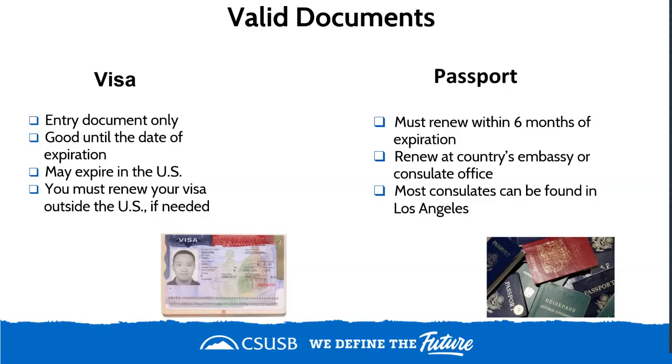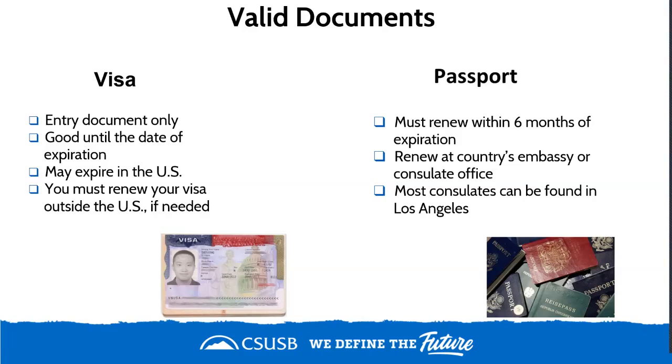And passport. This is one thing you do not want to let expire. You must renew it within 6 months of the expiration date. You can renew it at your country's embassy or consulate office inside the U.S., or if you're outside, in your home country. Most of the consulates can be found in Los Angeles.